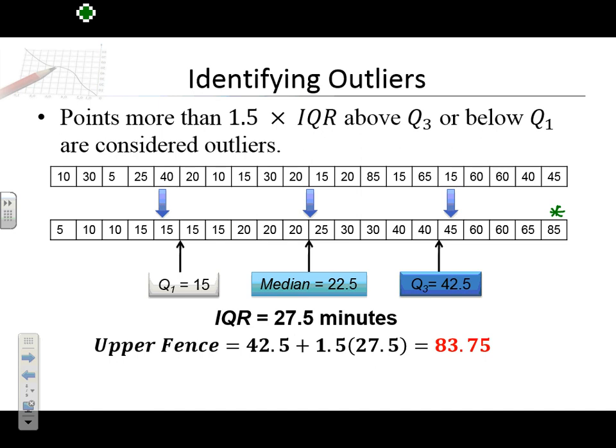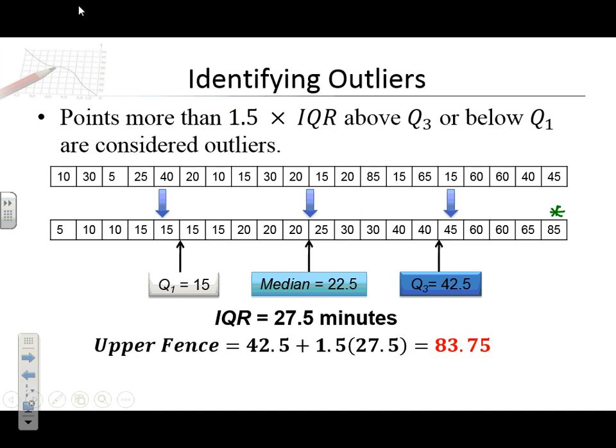If you see a histogram or a stem plot that has gaps in it, you cannot automatically assume that those values are outliers. Because if we notice here, 60s and 65 are perfectly fine. They're well within our upper fence, our allowed values. So don't assume gaps automatically mean outliers. They have to be far enough away to be considered that. And that's a definitive cutoff, that upper fence.